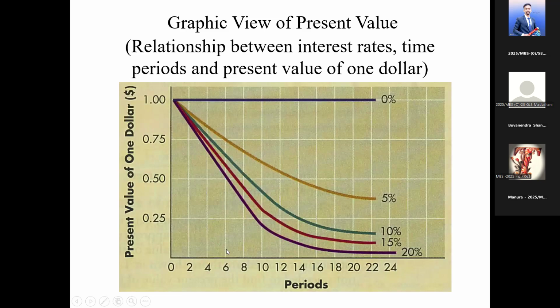It also depends on the interest rate. The higher the interest rate, your present value goes down. So there is an inverse relationship between interest rates and present values, or time period and present values of cash flows. That is the relationship given in the table. Right, opposite to what we learned for future value.